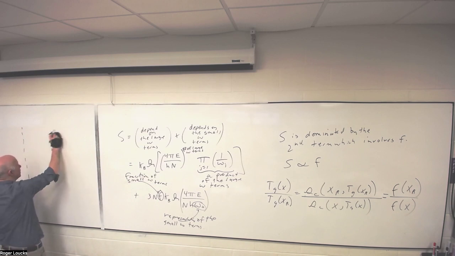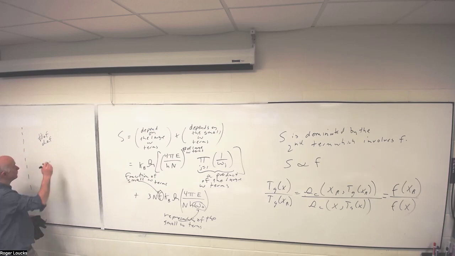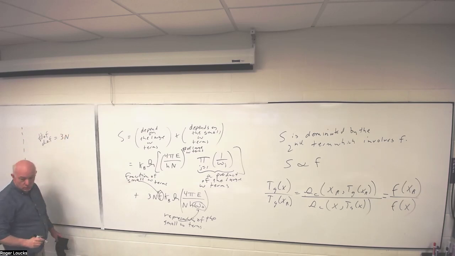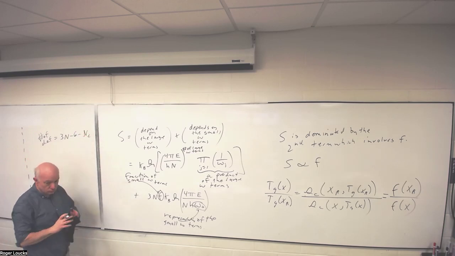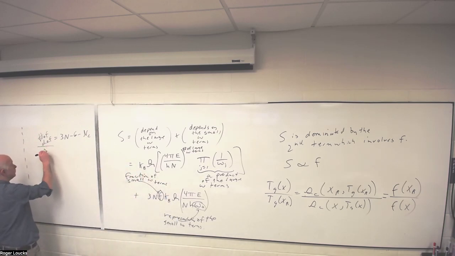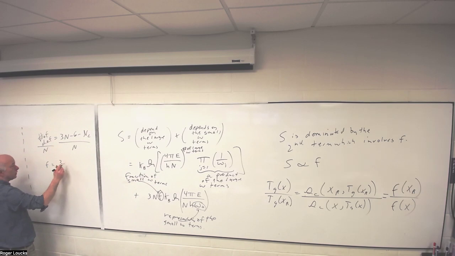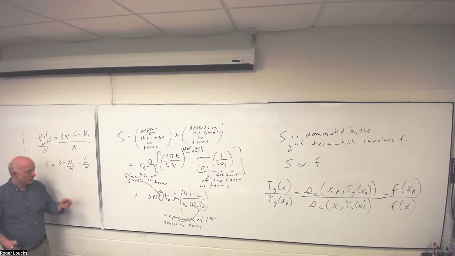Let's do one more thing. What do we know about the number of degrees of freedom? It's going to be 3N minus 6, because we don't care about that, minus the number of constraints. So if I divide this through by N, that term is going to go to 0.